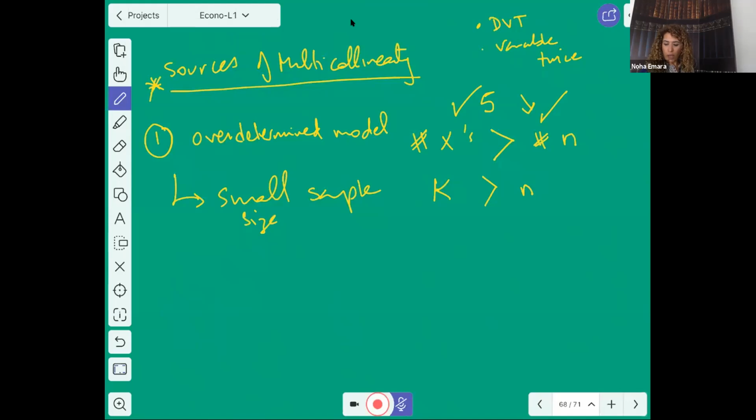So 5 points of information about only 2 people, it's an overdetermined model. Maximize the number of people, or maximize your sample size above 5, so that you avoid the problem of an overdetermined model. The second source of multicollinearity is the model specification.